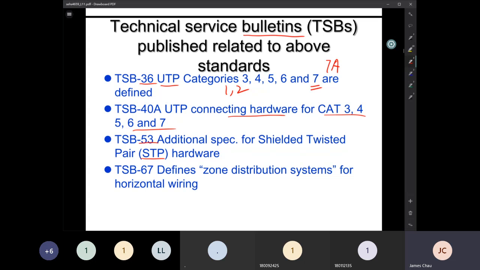And if you are working on the zone distribution system, that means in a very large area, you can identify some zones inside the area, A, B, C, D, for example. If you are working on a zone distribution system, then you may refer to TSB67.